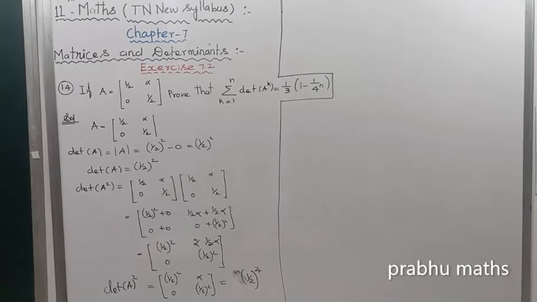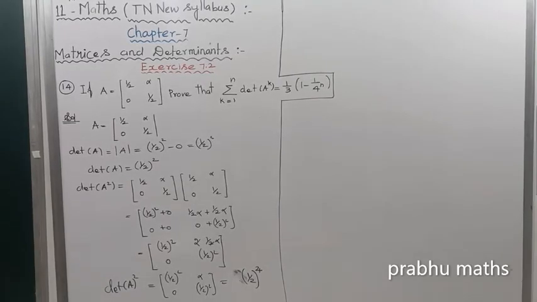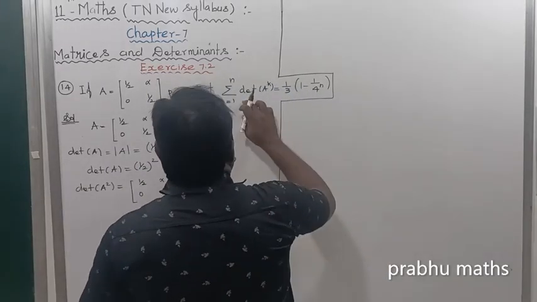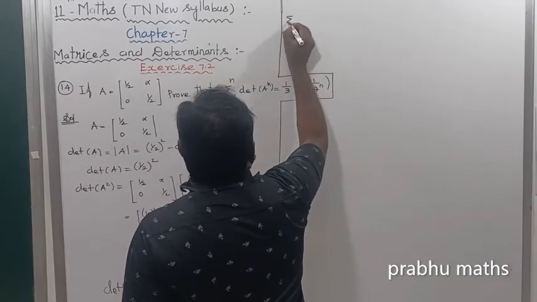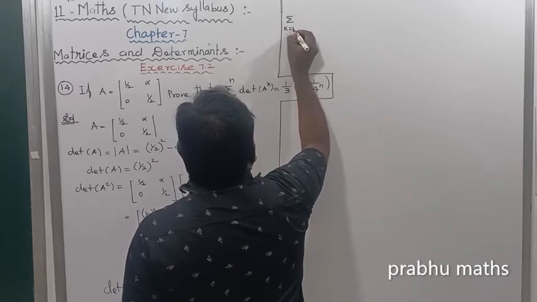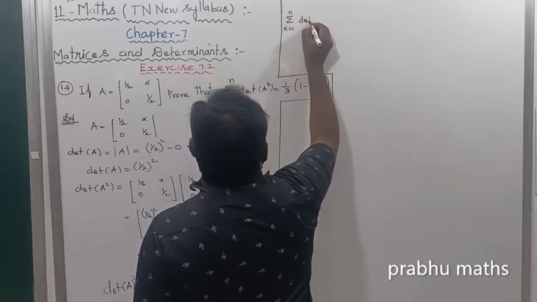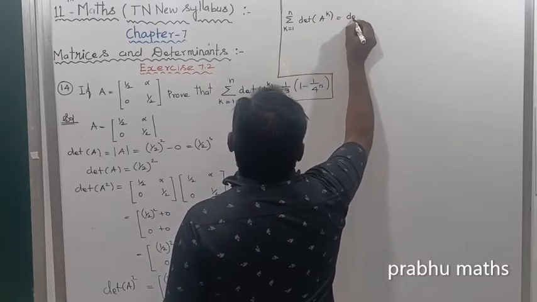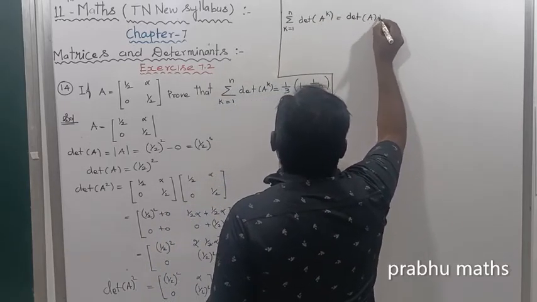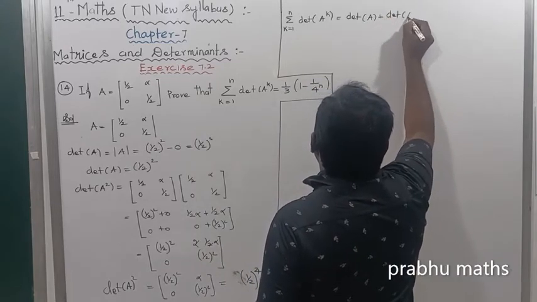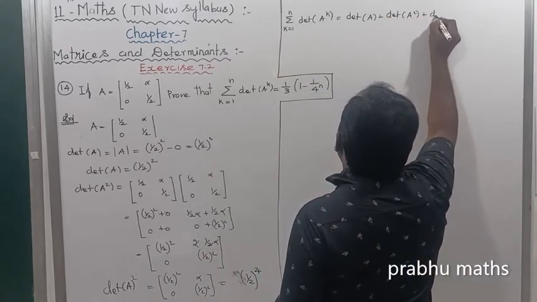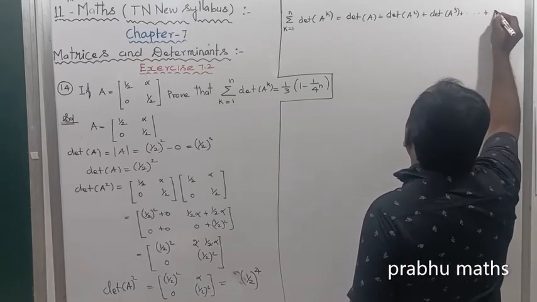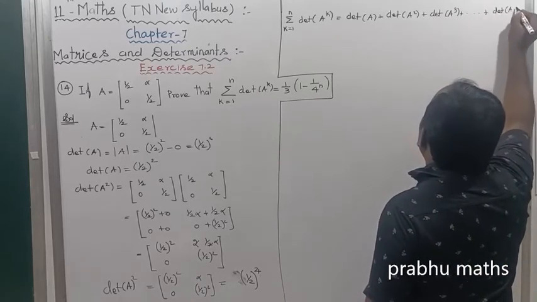Next value. In this way we go on to the nth term. So for the last value, let us take the summation, k varies from 1 to n, det of A power k, which is equal to det of A plus det of A square plus det of A power 3 plus, and so on, plus det of A power n.